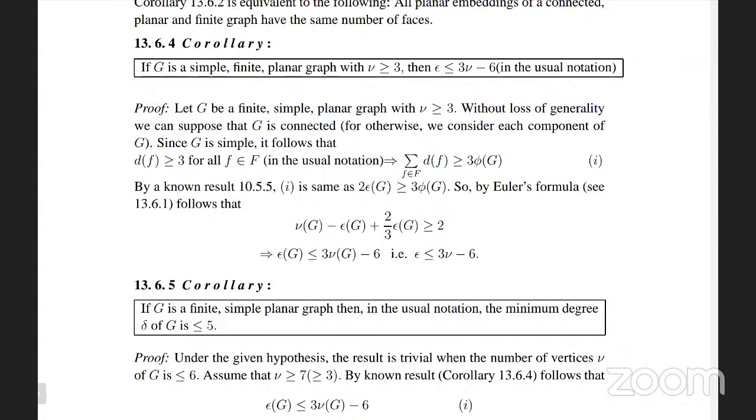At that time its edges are clearly less than or equal to 3V minus 6, in the usual notations. So without loss of generality, we can take G as connected.